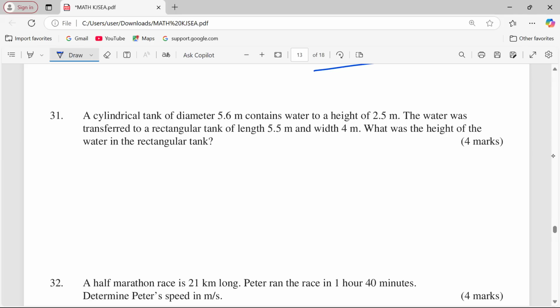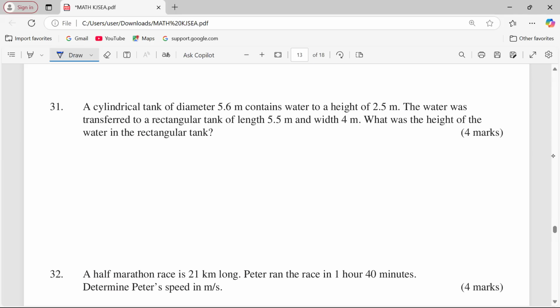What was the height of the water in the rectangular tank? So we are supposed to know that this is an issue of transferring volume of water without changing that volume into a rectangular tank. All right. Therefore, we can determine the volume of this water using the first container, which is cylindrical now.